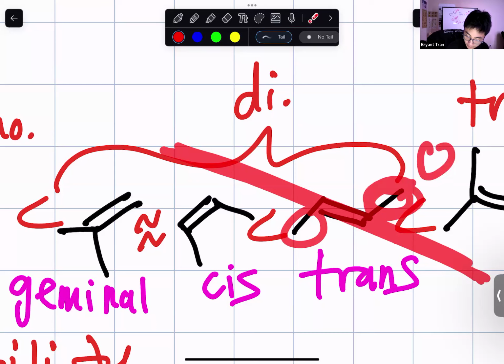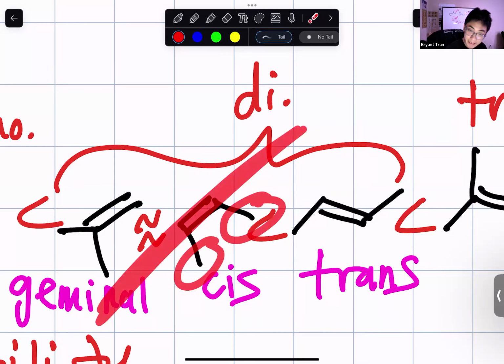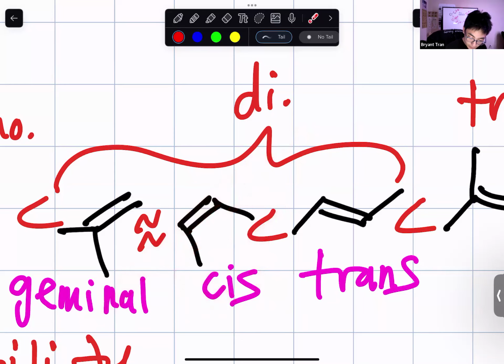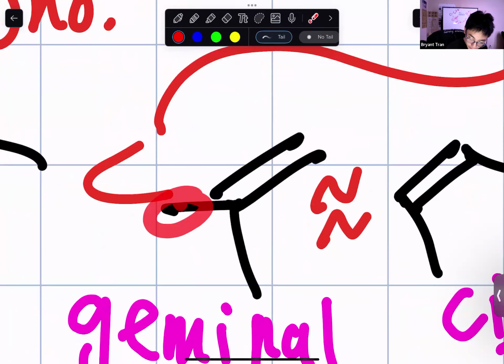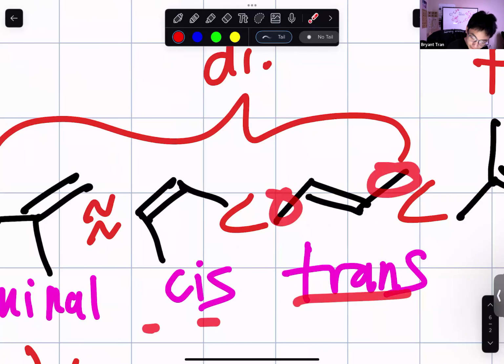This R group here is on this side of the line, this R group here is on the other side of that line. But for cis alkene, those two R groups are on the same side of the line, right? Both of these R groups here are on this side of the line. But geminal, the two R groups are on the same carbon, right? For cis and trans, those two R groups were on opposite carbons, like that, opposite carbons.